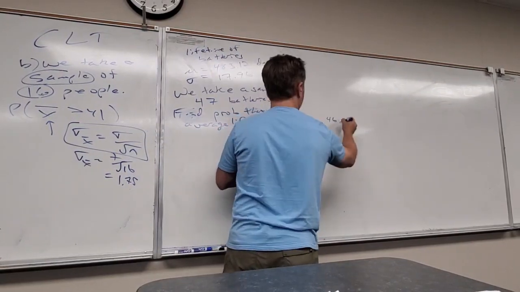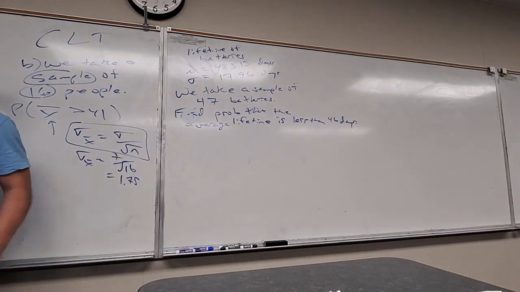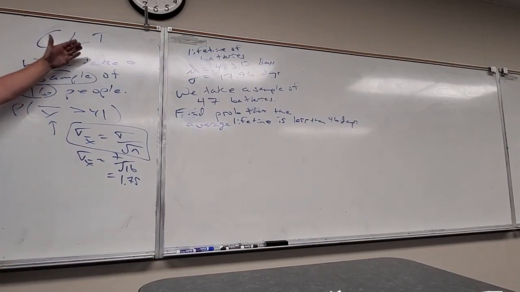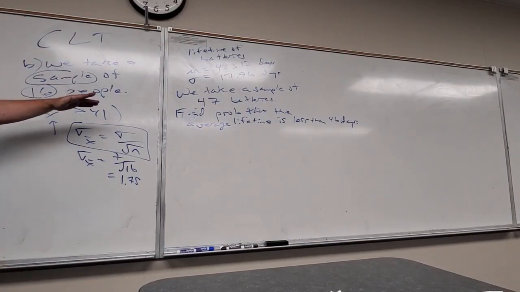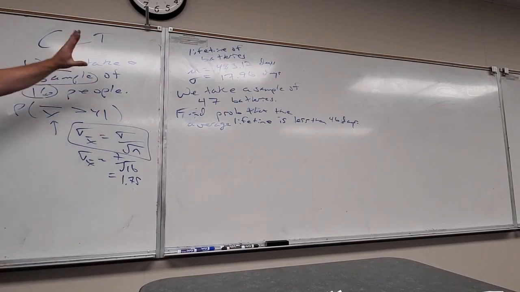Sorry, days. Okay, let me let you absorb that. So they give us a mean, they give us a standard deviation, we take a sample of 47 batteries. Find the probability that the average lifetime of the batteries we picked is less than 46 days.